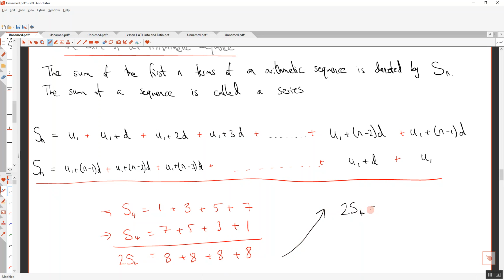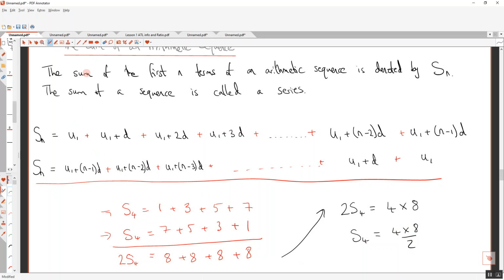How many groups of 8 have you got here? 4. You've got 4 groups of 8. So instead of doing 8 plus 8 plus 8 plus 8, it's easier just to do 4 times 8. I don't want 2 lots of it, which is what Greg said, so I'm going to have to half it. And that will give me my sum of these 4 terms.